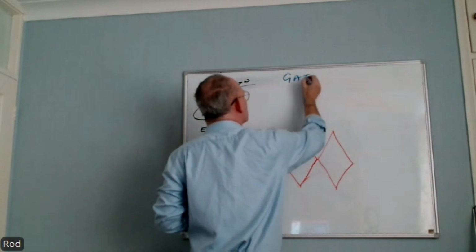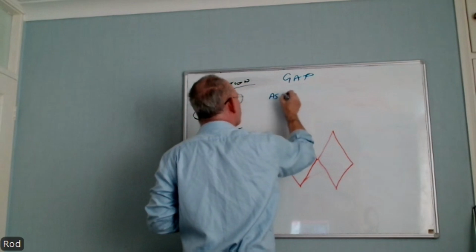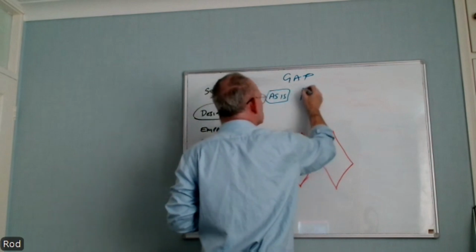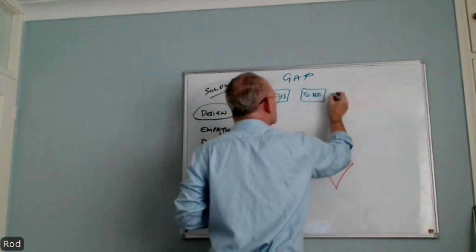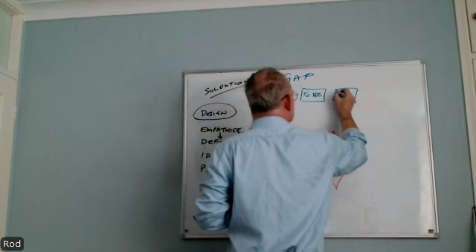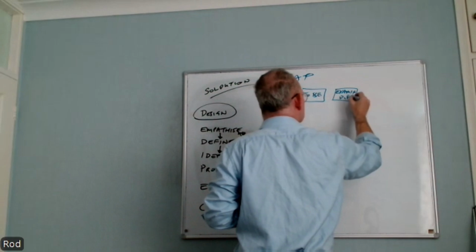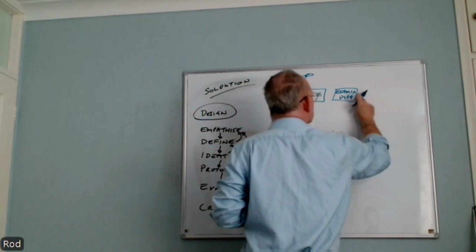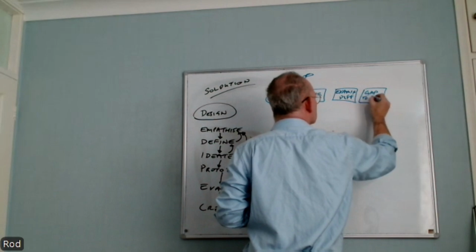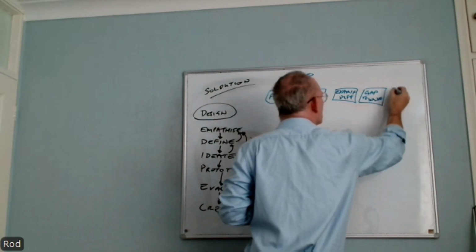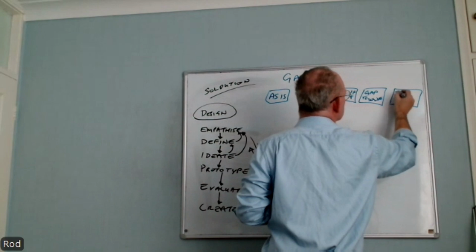So for our gap analysis, we define the as is, define the to be, and examine the differences, which gives you gaps to be solved, which gives us a way to resolve or bridge these gaps.